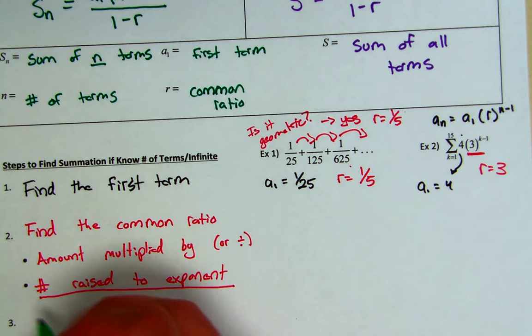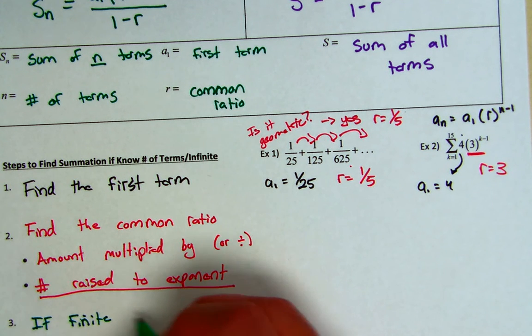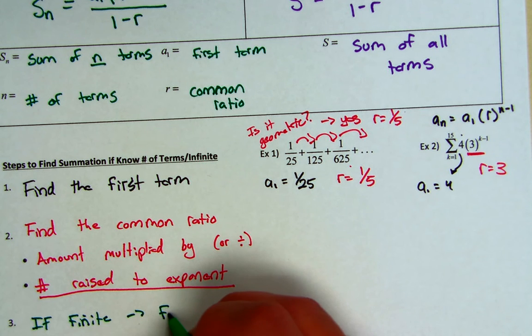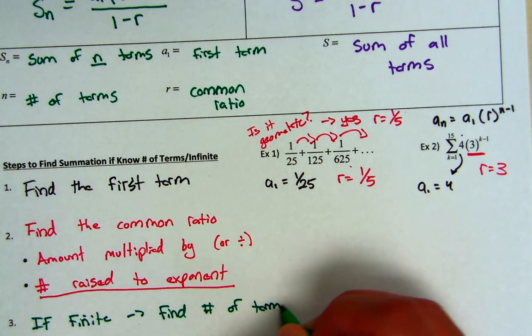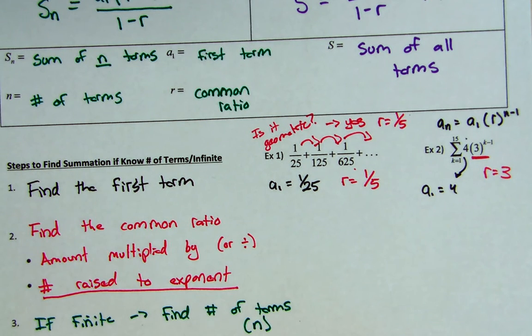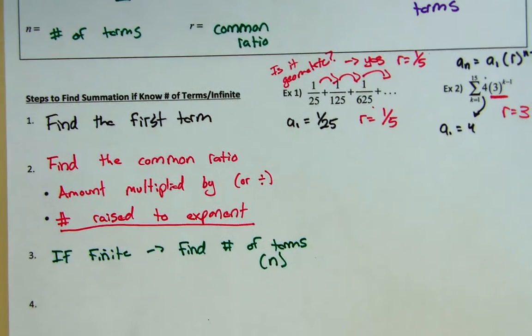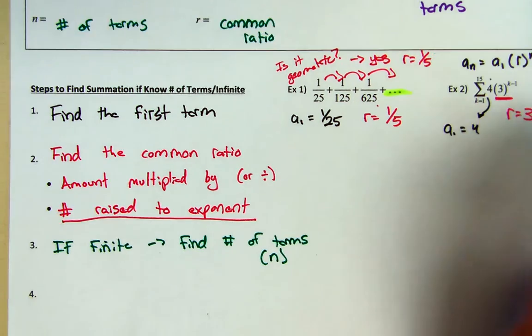Alright, next thing, if finite, find the number of terms. So basically we need to find n. So let's look at these two series and determine if they're finite or not. Well, looking at this series, it ends with a dot, dot, dot.